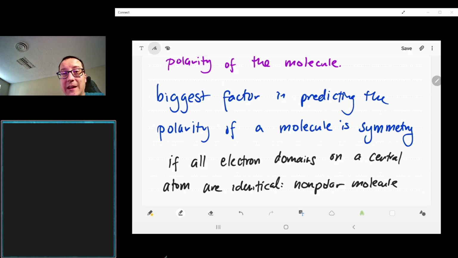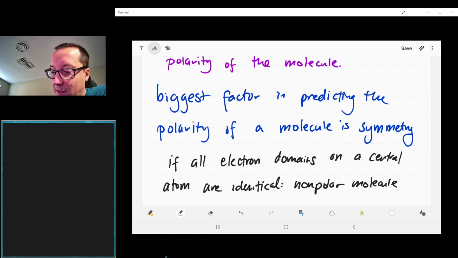And that's going to be our main thing here. We're going to need to see that all the electron domains are of equal strength. If they're all identical to each other, overall we'll have a nonpolar molecule.